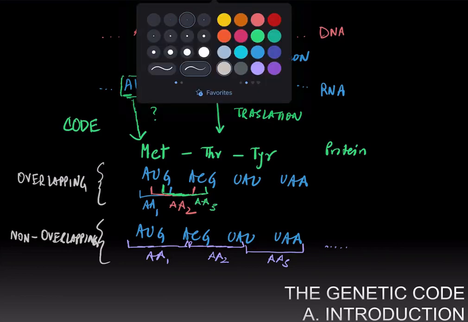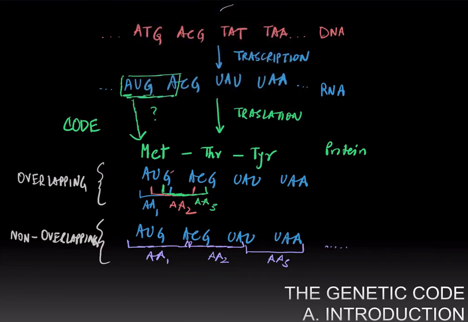So let's say this G has been mutated to a C. Now, in the situation where the genetic code is overlapping, amino acid 1 is AUG and will now be AUC. So you will get a different amino acid.